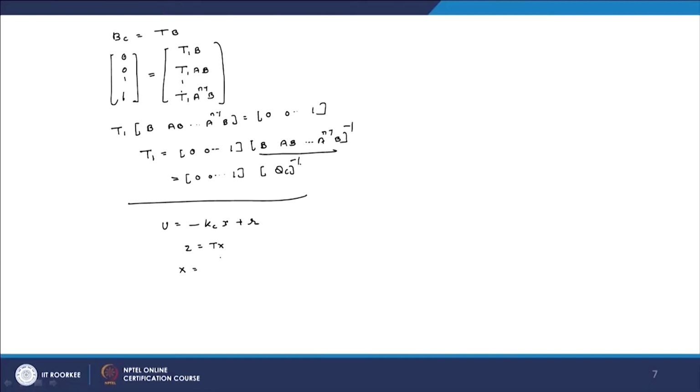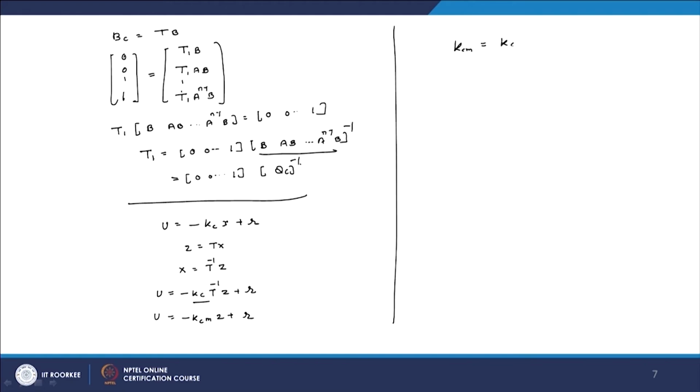Now x equals T inverse Z, so U equals minus Kc T inverse Z plus R. This portion we can write as minus Kcm into Z plus R, and therefore the final control condition is Kcm equals Kc into T inverse, and the final controller Kc equals Kcm into T.